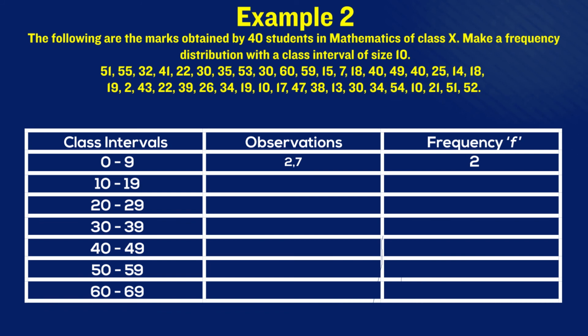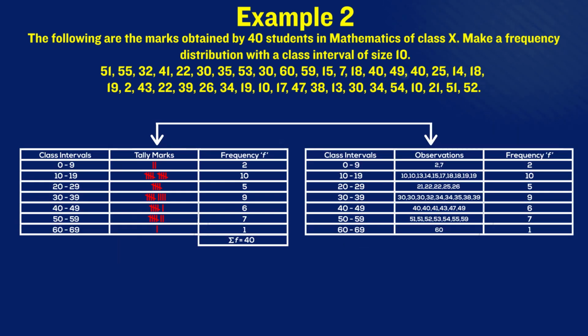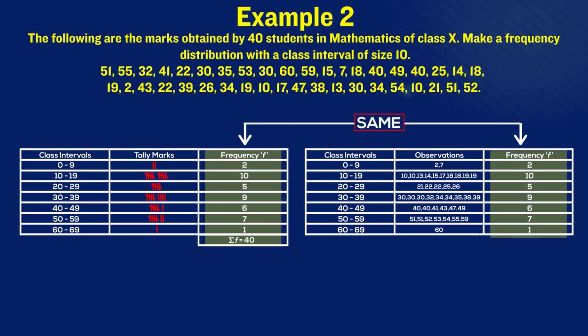Similarly, we'll write down the observations lying between 10 and 19, which are these 10 values. This makes the frequency of the second interval a 10, and so on. So, instead of tallies, we can also directly list down the observations. It's the frequency that matters in the end, after all.